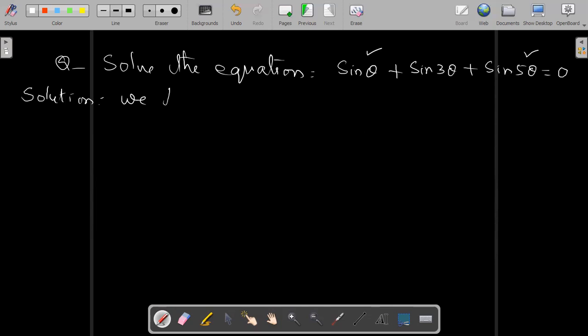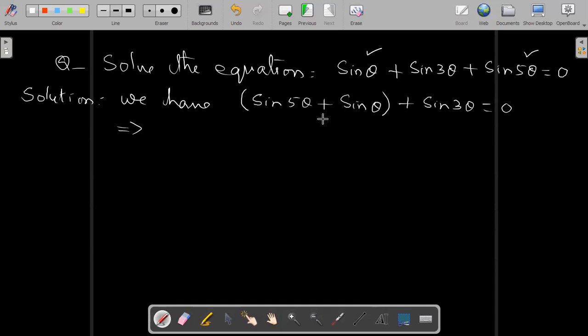So what we will write: sin 5 theta and sin theta will be written together. Just we are making the group, which gives an easy way to get the factors here.